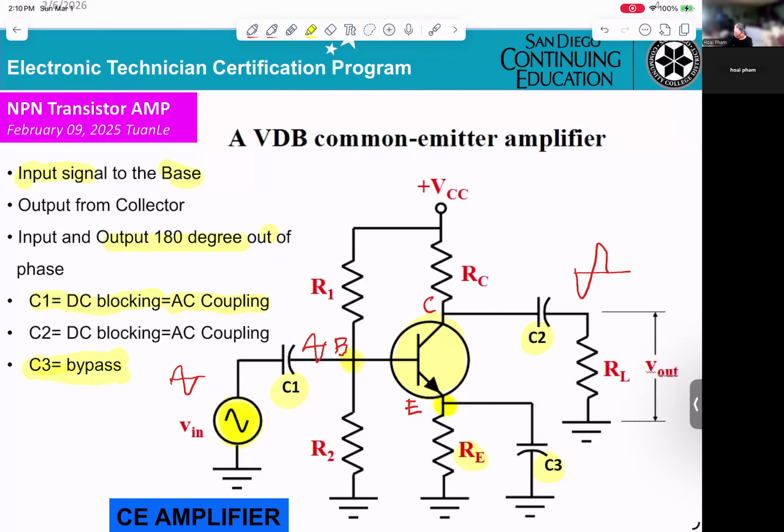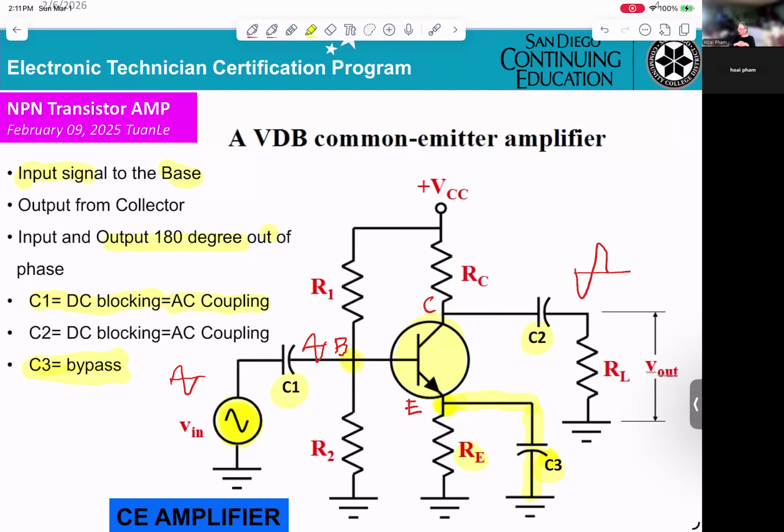And also you get the AC signal. So C3 will be shorted to the ground. That means at the emitter, you don't have any signal sideways. Okay? That's what they call bypass.